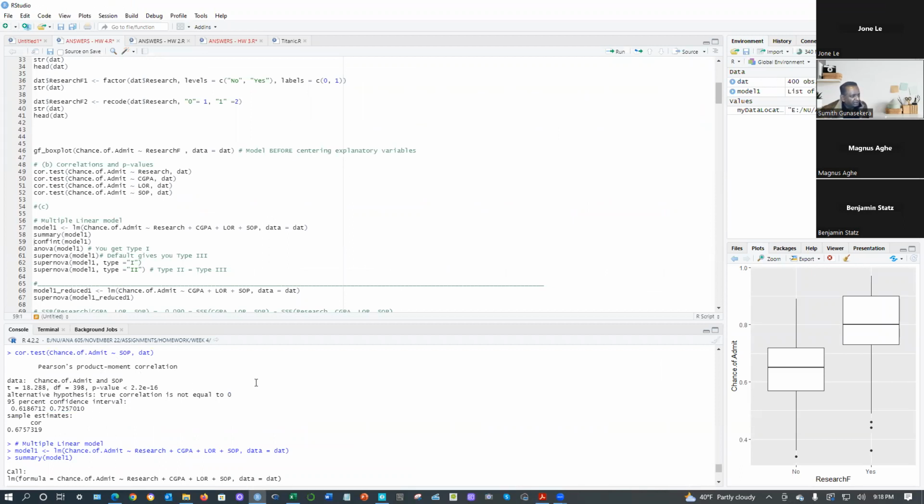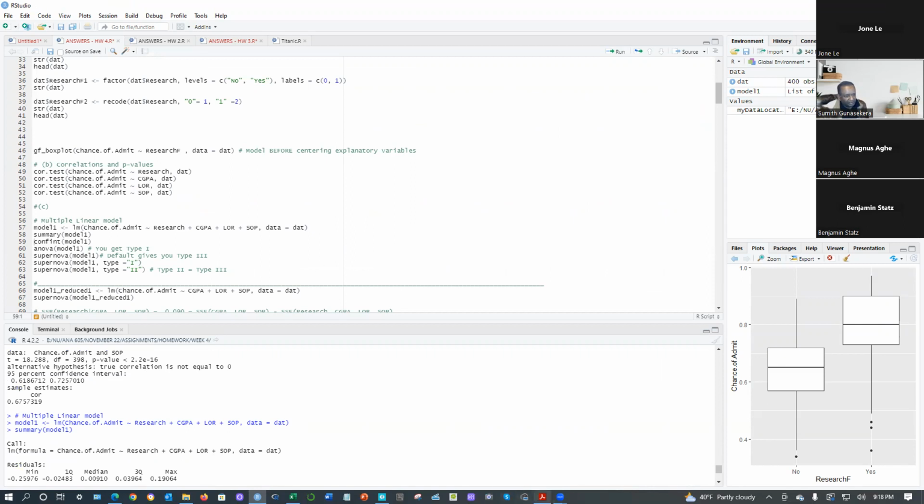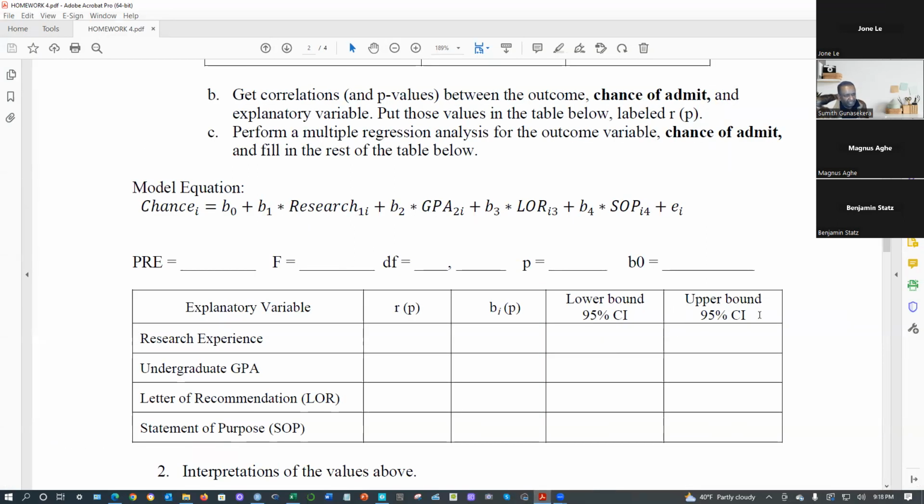But the way this is worded, we are interested in the confidence interval for each and every coefficient. Can you find the confidence interval for B0? For B1? For B2, B3, B4? Like that.